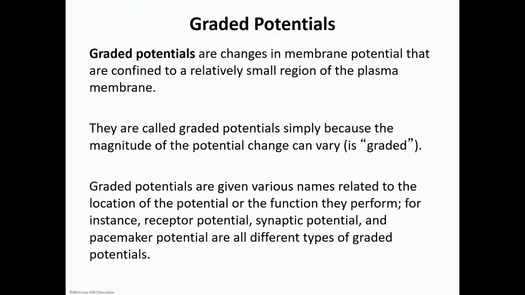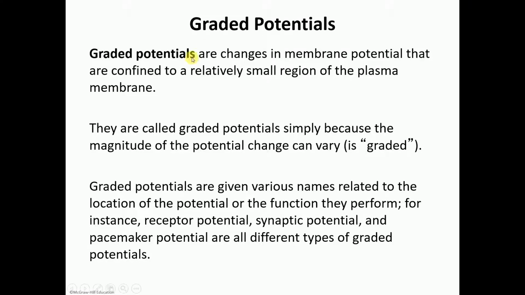Above that -55, the nerve will go through an action potential. Anything below -55, we are still in this graded potential area. Graded means that the potential can change from -70 to -65 or -60 and so on. So there are different levels of change that can happen across that cell membrane. These are local changes, so they are not going to propagate along the axon.